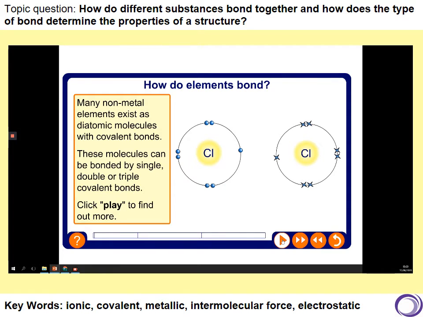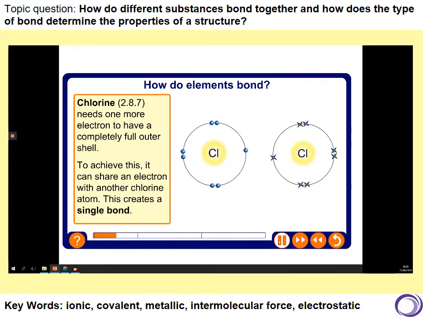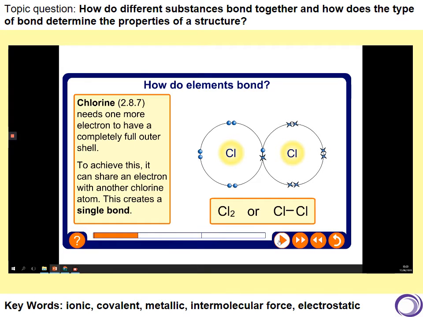This means that they are going to covalently bond by sharing the single unpaired electron that each of them have in their outer shell. You can see from the diagram that there are 2 electrons in the bond. So a covalent bond is 1 shared pair of electrons.